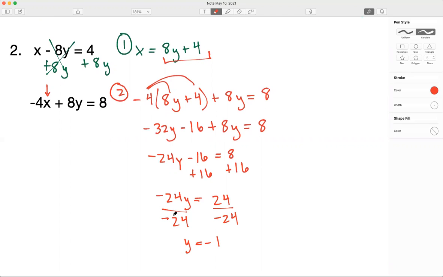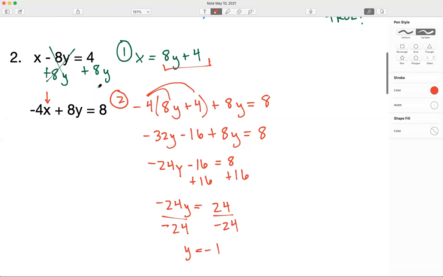Okay, well, that's cool. Now what we're going to do is just plug the y back into the more simple equation, and we have basically just rearranged this equation into what we have right here. So for our step 3, really what we're going to do is just plug this right here back into this one, because it's going to be easiest to find it that way, in my opinion.